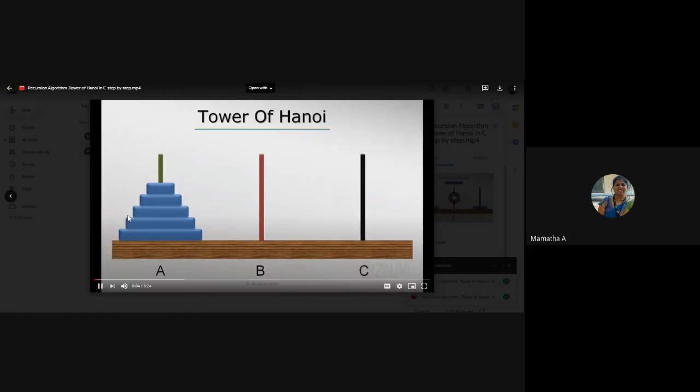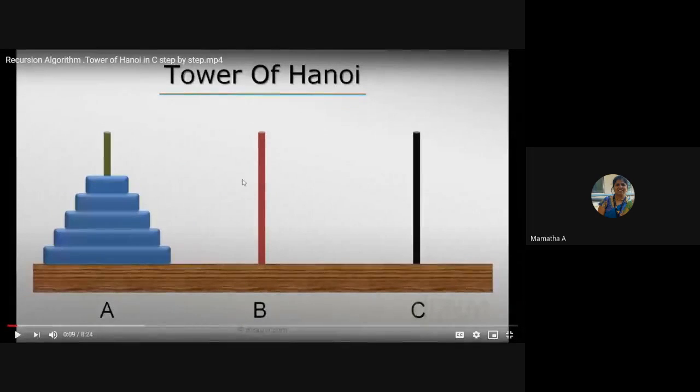Yes, ma'am. Just to show what exactly the Tower of Hanoi problem is, I am playing this video. Just try to concentrate on it. Later I'll ask you some questions. Then we will go for the recursive solution.